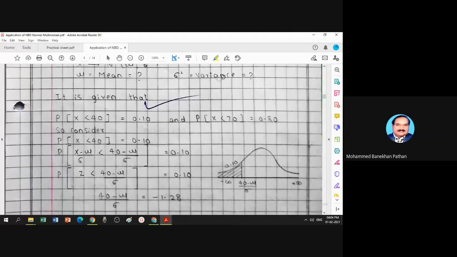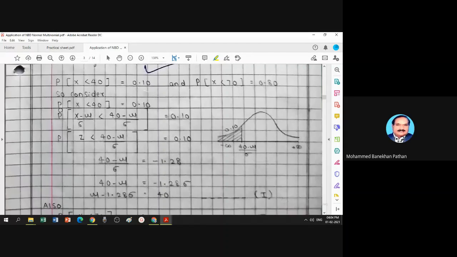There are two unknowns and there are two pieces of information. Simple mathematics: develop one equation from this knowledge, another equation from that knowledge, and solve them. Consider number 1: probability of X less than 40 equals 0.10. Now, just like questions 1, 2, 3, we take the help of the statistical table prepared for Z, that is standard normal.